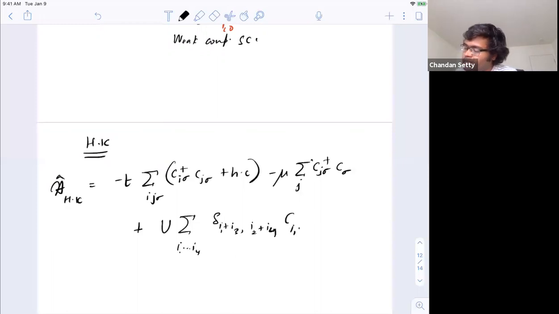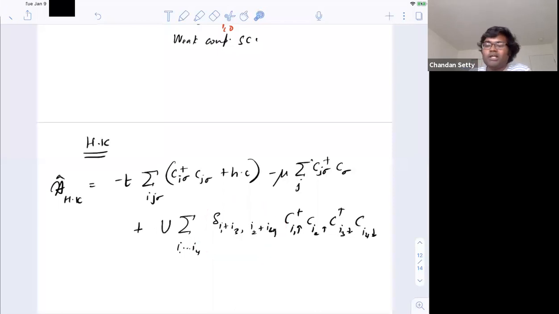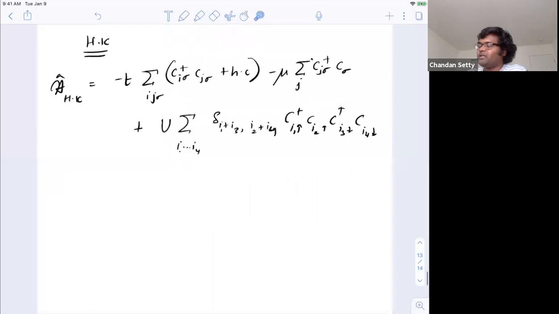That is, only scattering processes which conserve the center of mass are included in the scattering process. So that is constrained by this delta function. It turns out that this model can be exactly solved. And if you add a pairing term.